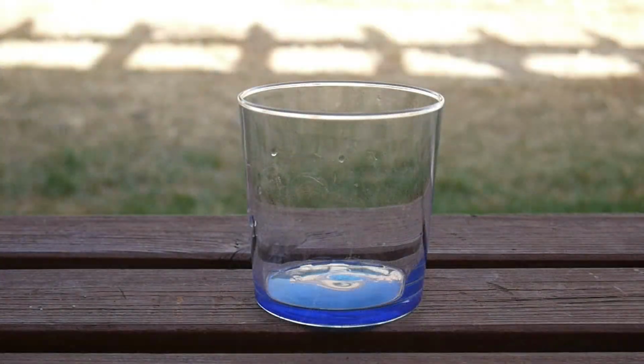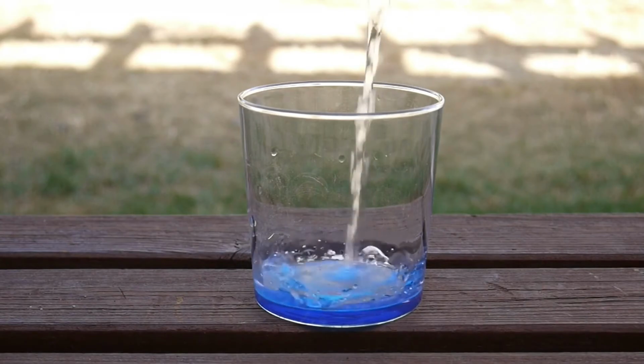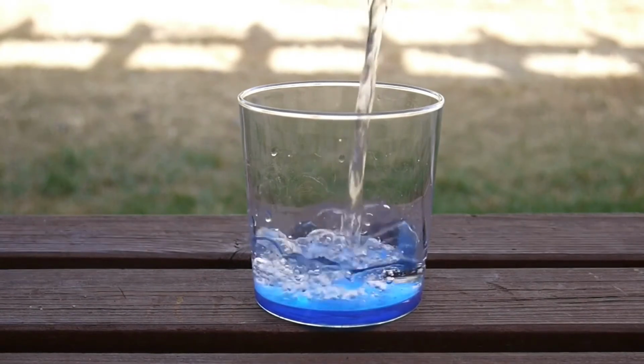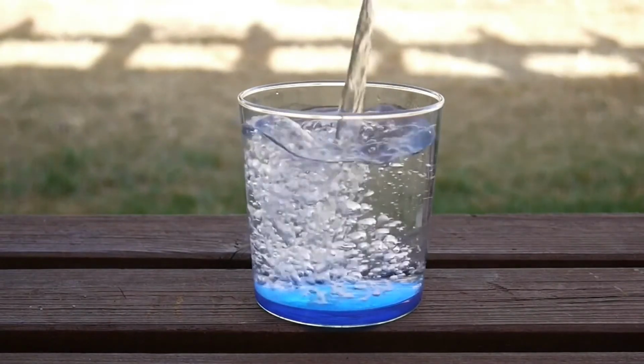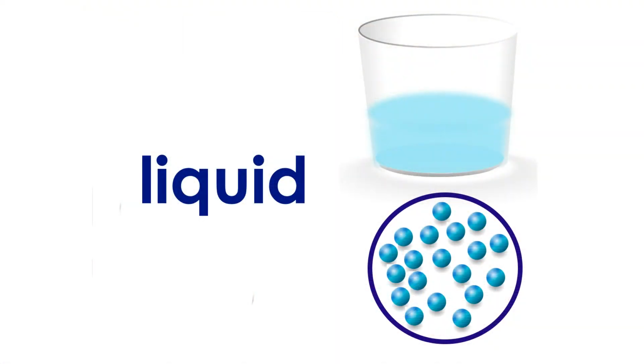If the liquid water is poured from one container to another, does it change shape? Yes, liquid molecules are farther apart than when they are in the solid state, and they move much more.